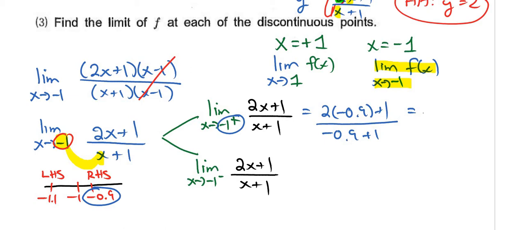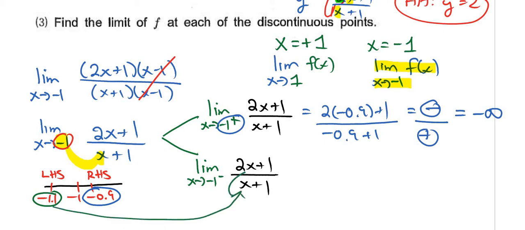Alright, so the numerator will be negative, and the denominator here will be positive. So my final result here is going to be negative infinity. Alright, let's move on to the next one. If I pick negative 1.1 on the left-hand side and plug that in for my x's, I would get 2 times negative 1.1 plus 1 all over negative 1.1 plus 1.